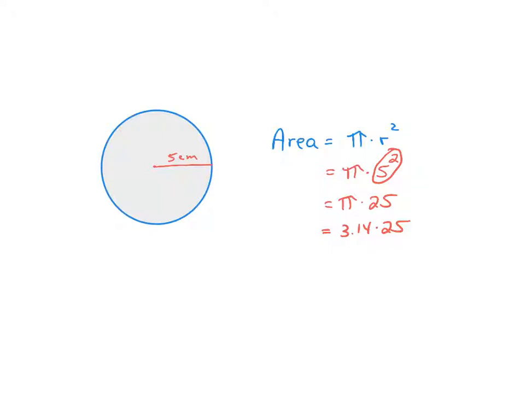I'm not going to take the time to do the math right now for that, but I will tell you that if you multiply 3.14 times 25, you would get 78.5. Once again, because we are dealing with area, make sure that you give your answer in squares. So I would be saying it's 78.5 square centimeters for the final answer of this.